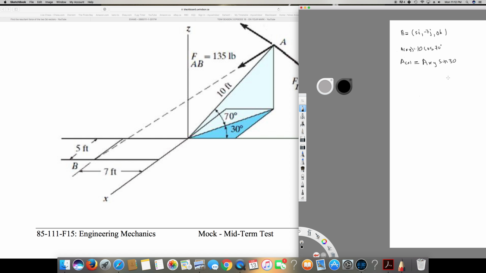Let's calculate AXY first, so it will make everything easier.